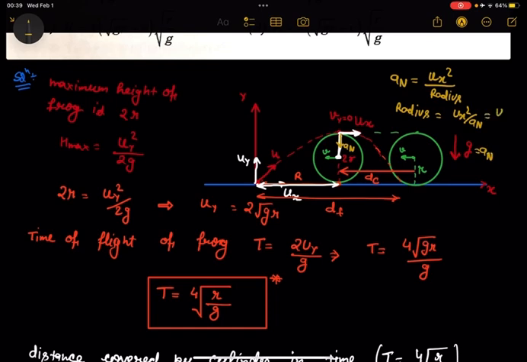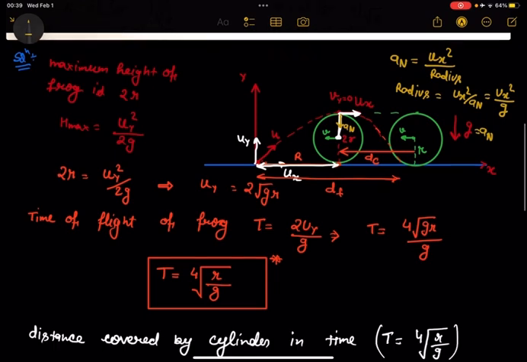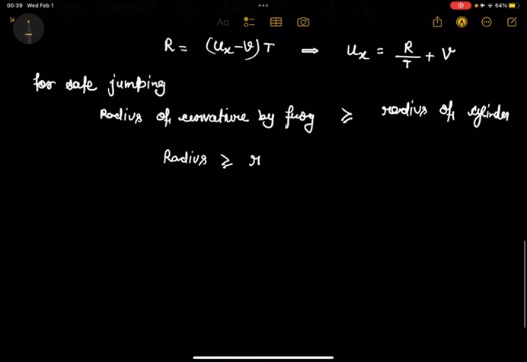So it is ux square by g. So finally we can calculate the radius. So ux square by g is greater than or equal to r. So you can say that ux is greater than or equal to square root of gr.